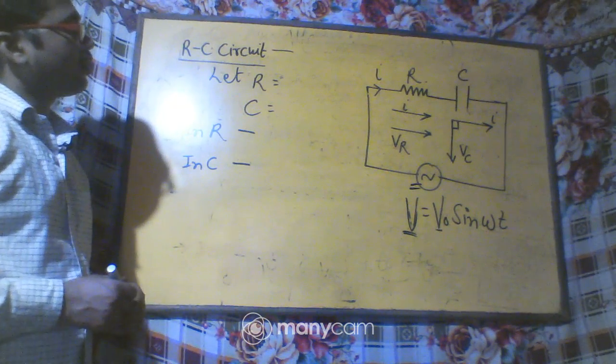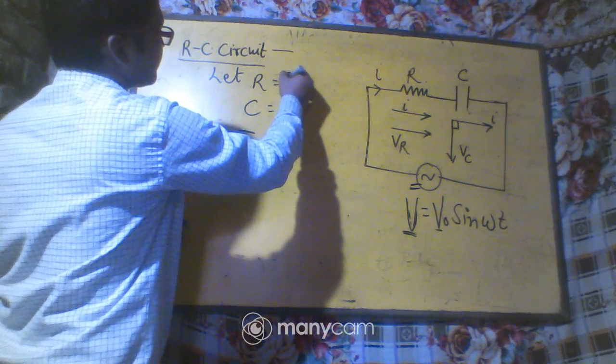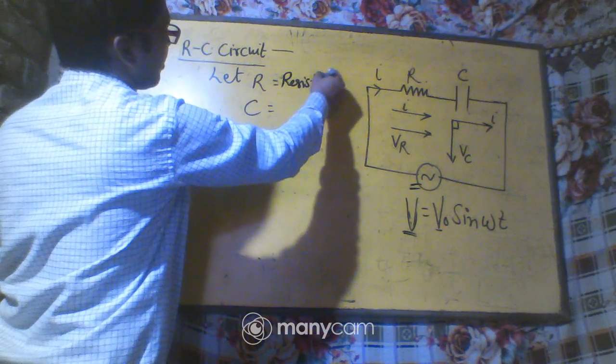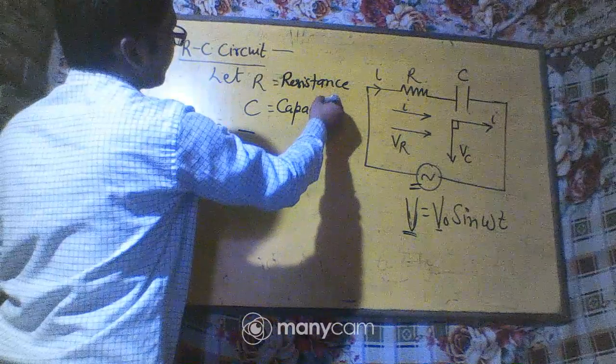Okay, so we can write here R is resistance and C is capacitance.